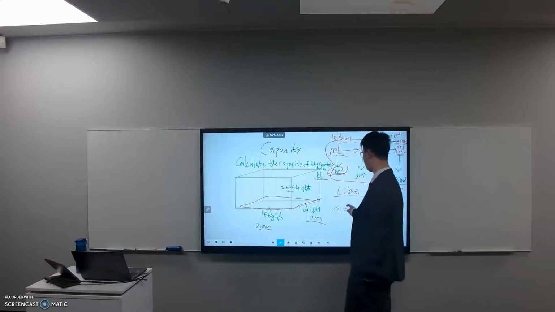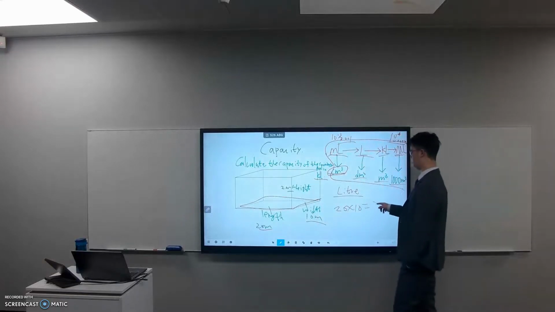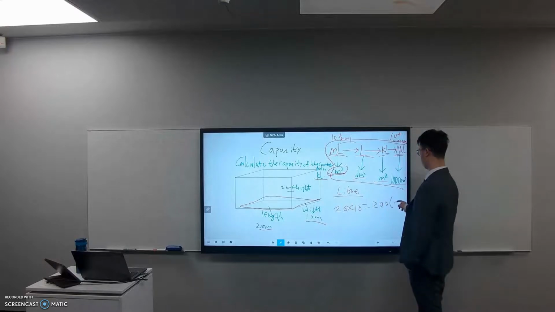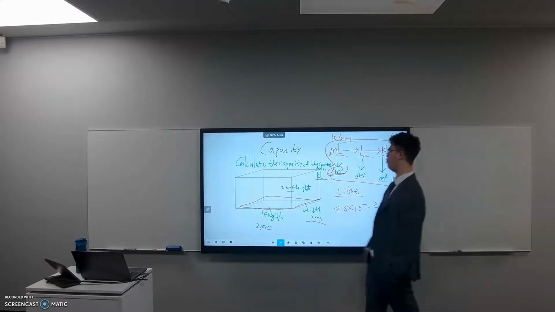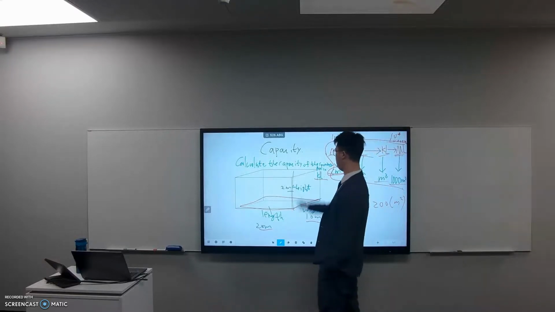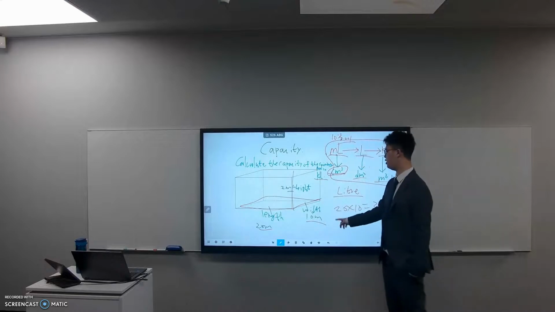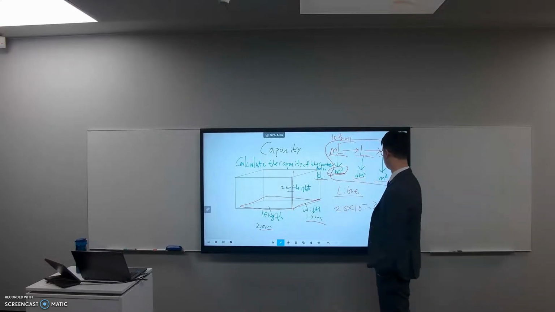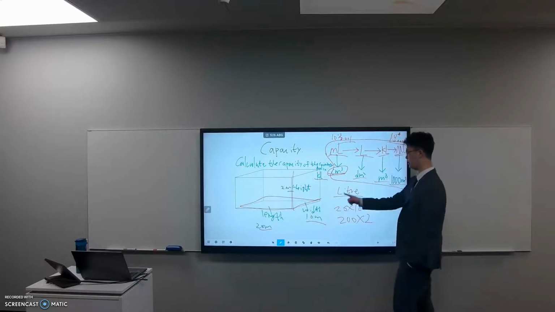So 20 times 10 gives you 200 square meters. And then what's the height? It's 2 meters.